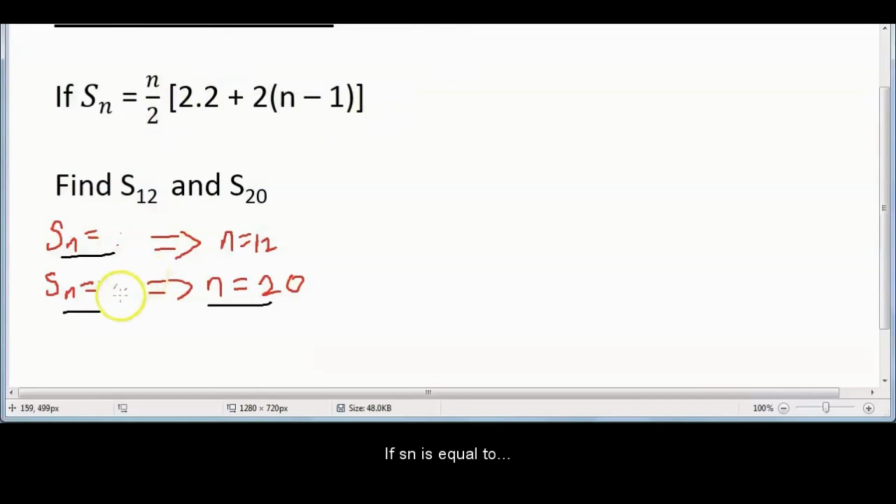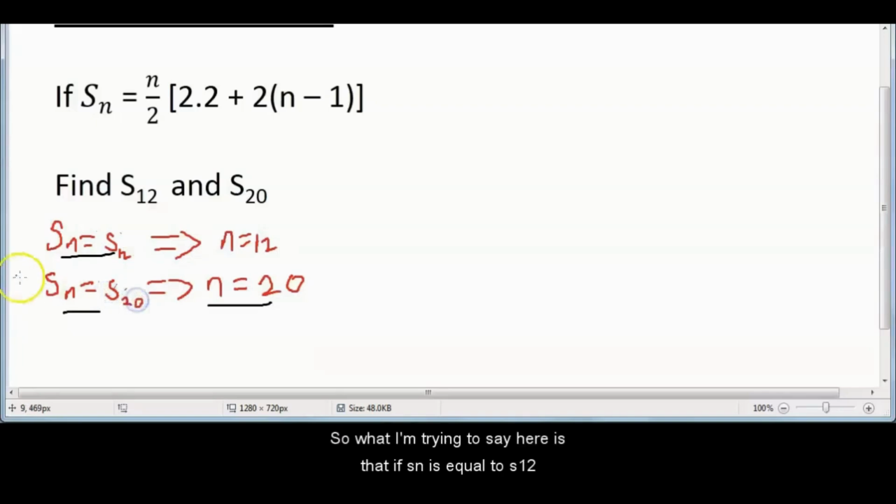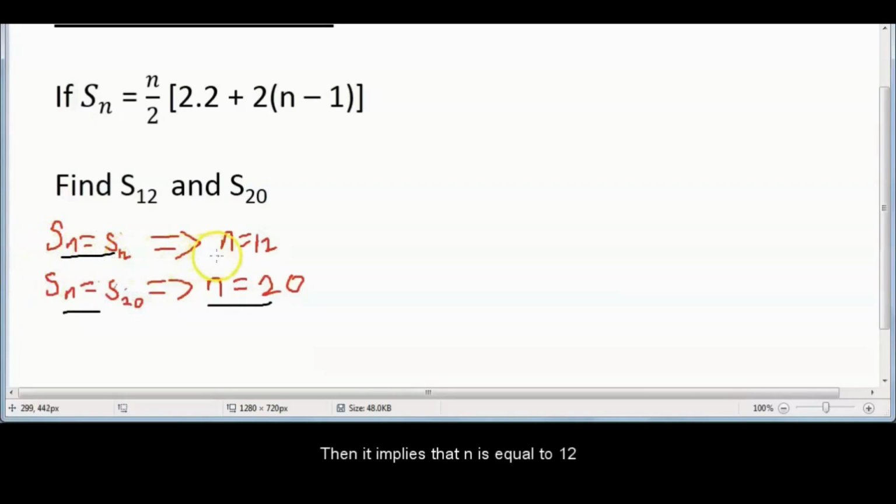What I was trying to say is that if S_n is equal to S12, then it implies that n is equal to 12.